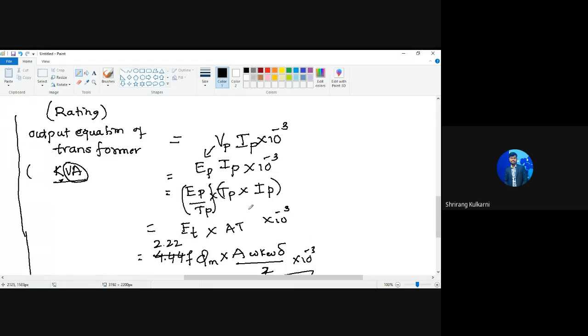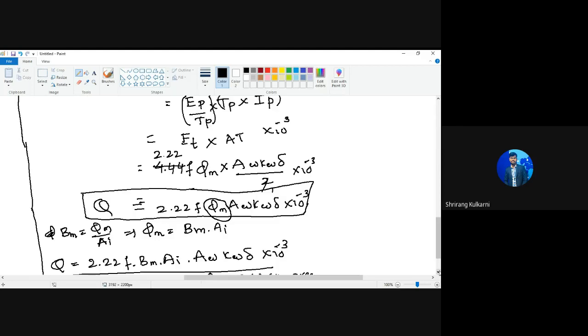One more arrangement is that we multiply and divide by TP. So EP by TP is nothing but ET, and TP into IP is nothing but AT. From equation number 1 and equation number 5, we substituted the values and got the output equation.